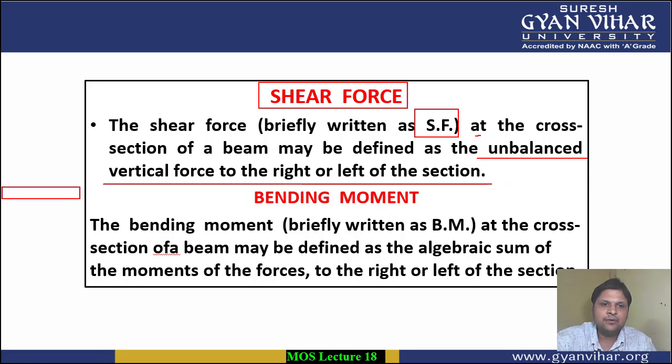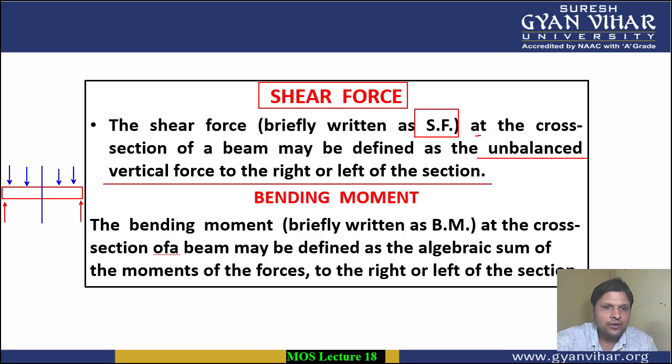For example, students, if this is a beam and you make a section in it, and these are the forces acting on it, then the unbalanced force on either the left or the right, where you can have support reactions also in this way.